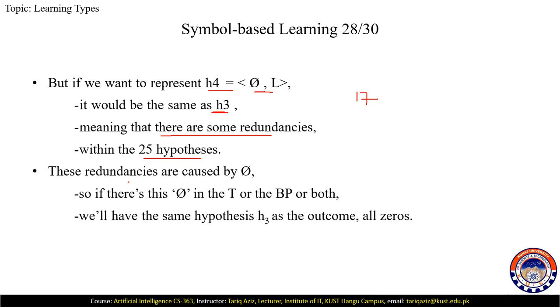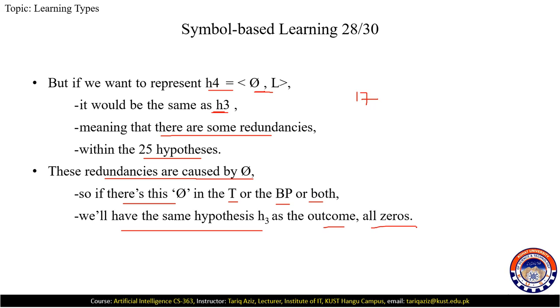And these redundancies are due to what? These redundancies are due to this theta. So if there is this theta in the temperature or in the blood pressure or in both of them, then we will have the same hypothesis H3 as the outcome, meaning all zeros.